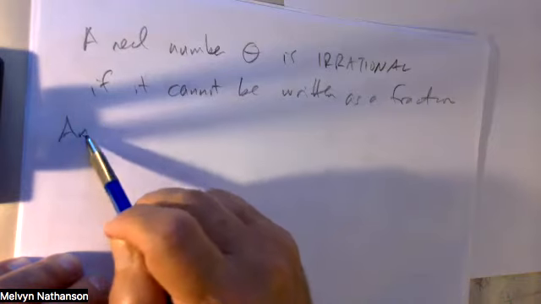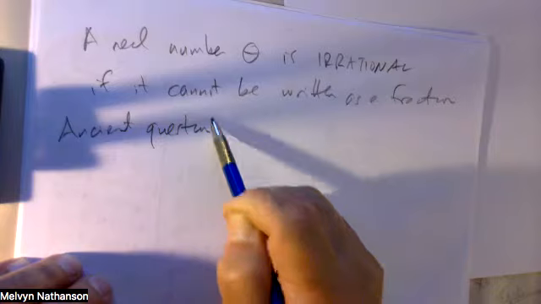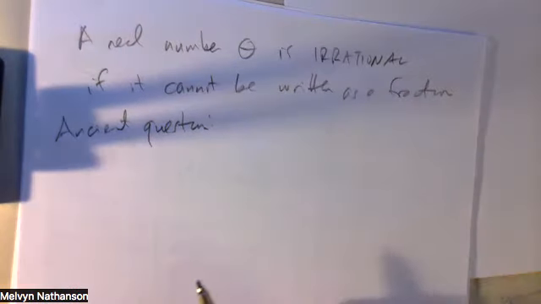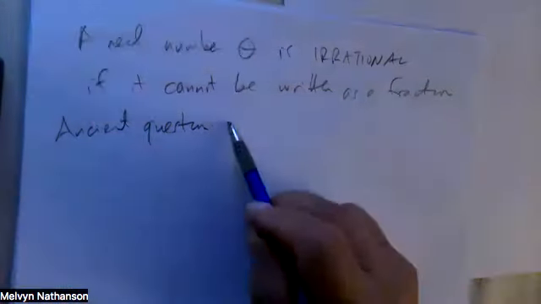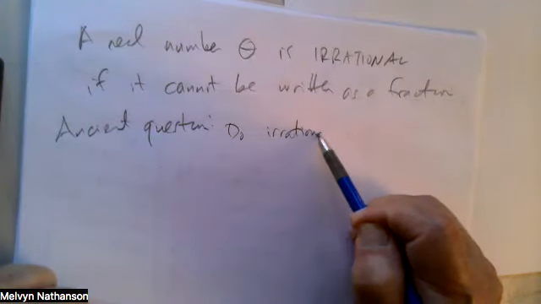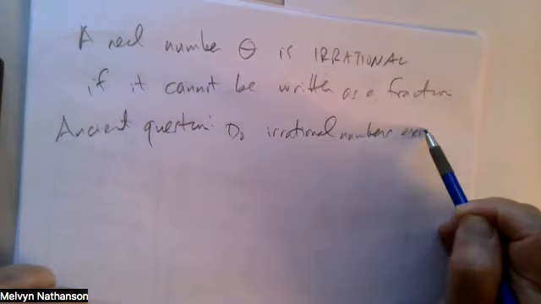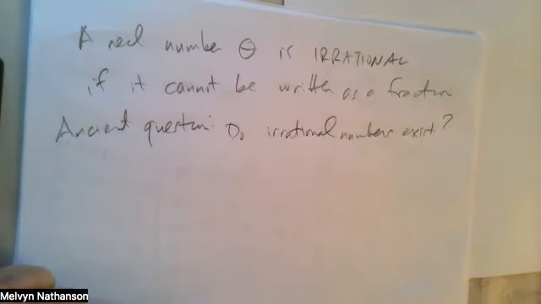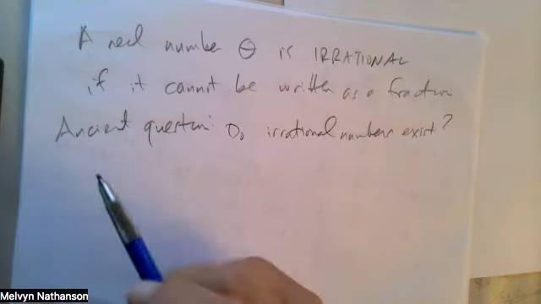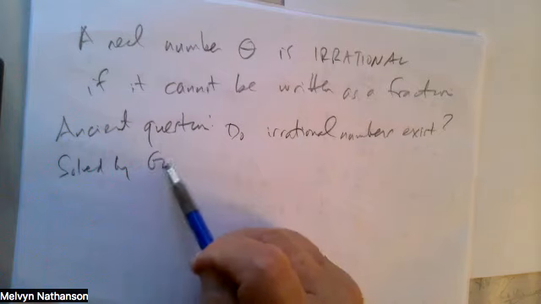And an ancient question is: is every number a fraction? Or do irrational numbers exist? And this was solved by the Greeks.